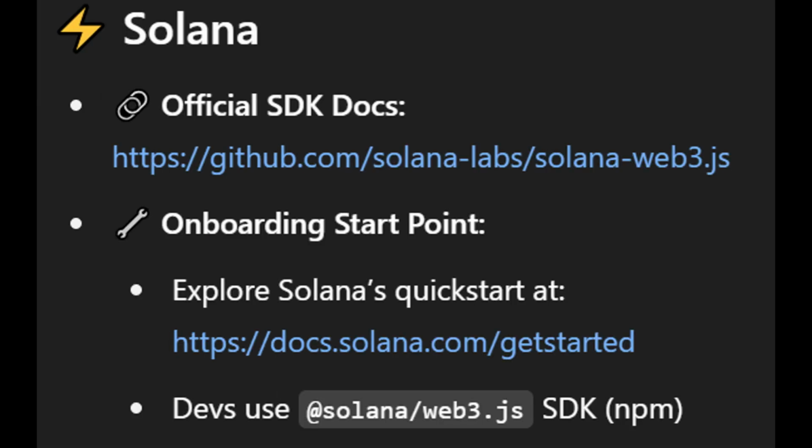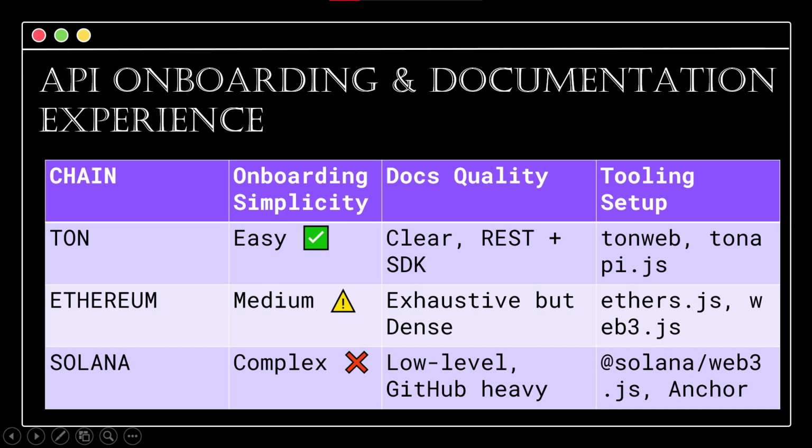For Solana, we can see the information on the onboarding process. Now, having gone through all these documents, I realized Ton is the easiest to embed, and every other ecosystem has its powers. Ethereum has power, Solana requires more expertise, but the easiest and most beginner-friendly API is the Ton API.